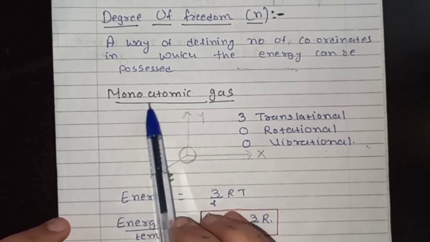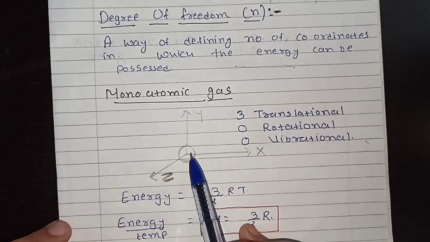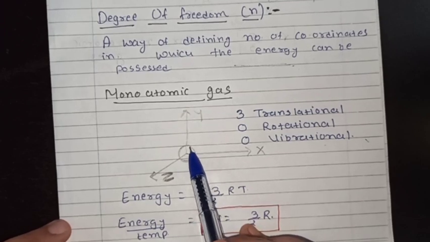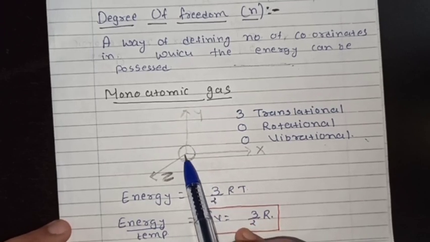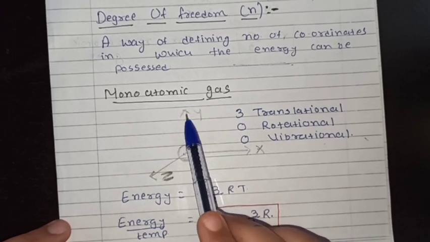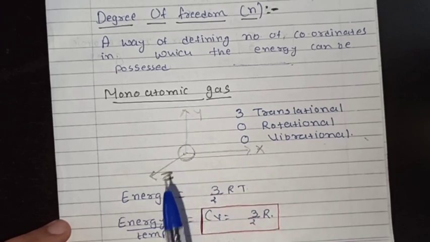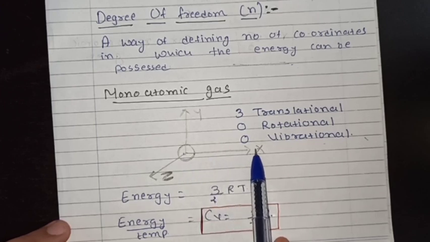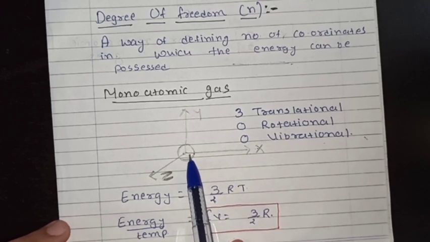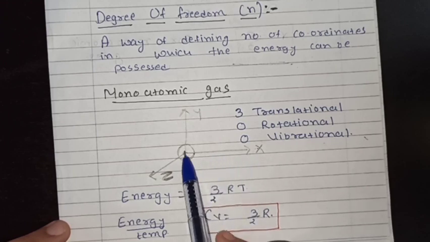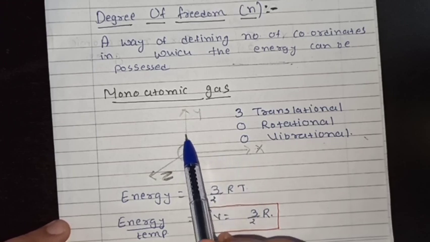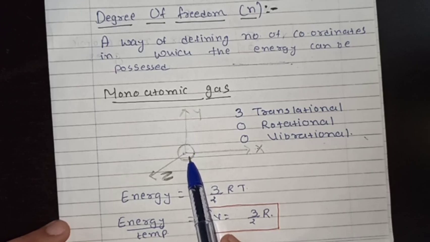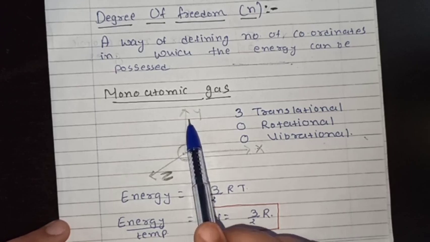First we will start with monoatomic gas. Let's say this is one monoatomic gas. It is placed at the origin. This is the x-axis, this is the y-axis, and this is the perpendicular z-axis. Now this atom is free to move along the x-axis, so it can possess energy along the x-axis. It is free to move along the y-axis, so it can possess energy along the y-axis as well.